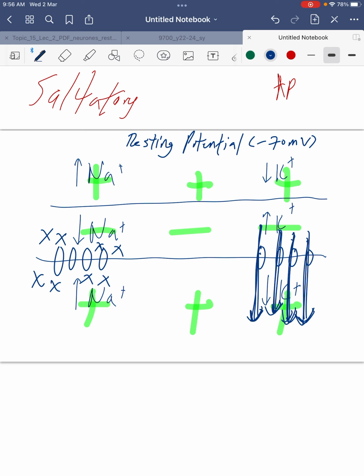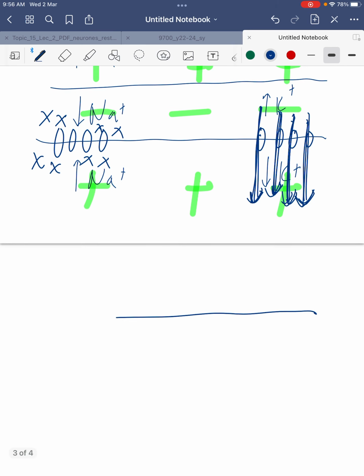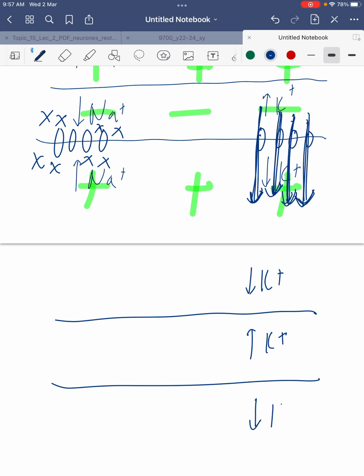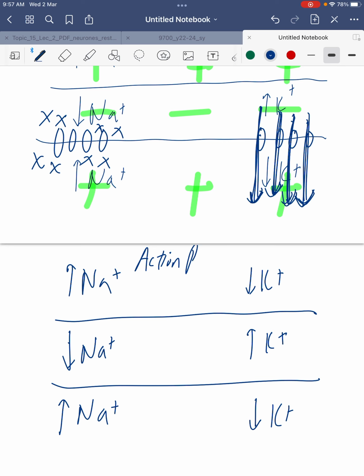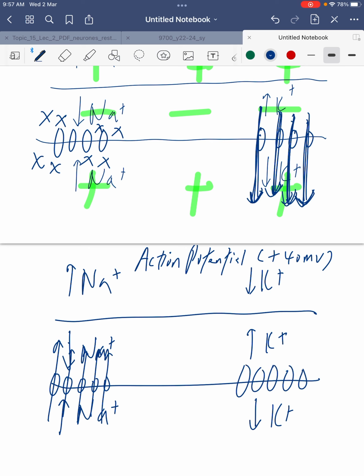If it's an action potential, it's the other way around. Again, high potassium and low sodium inside, high sodium outside. In an action potential, at plus 40 millivolts, the sodium can now enter and the potassium cannot leave.